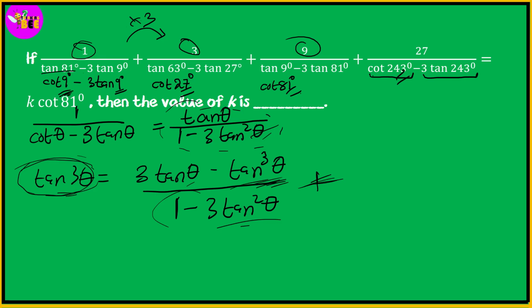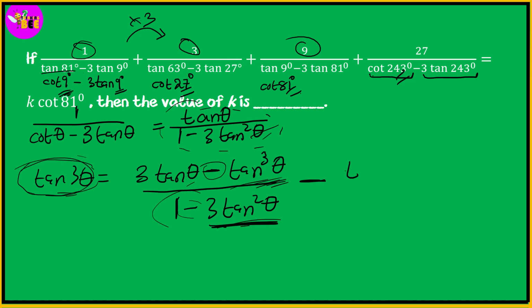So, what we have to do is we have 3 tan square theta. So, instead we will subtract tan theta, because here it is negative and here it also is negative. To make minus tan cube theta go away, we need to add tan cube theta. So, minus into minus would be plus.